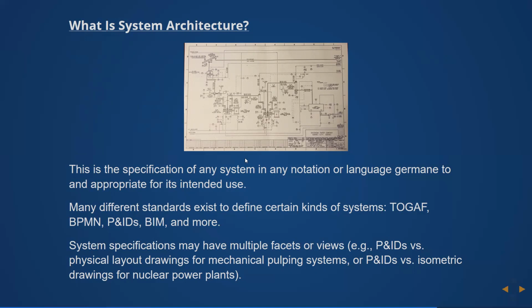There are also layout drawings that show how all the equipment is physically configured. There are also building information management systems and a lot of other industry standards that exist and are being brought into use.